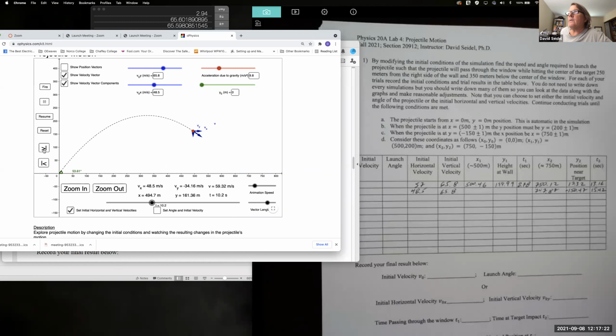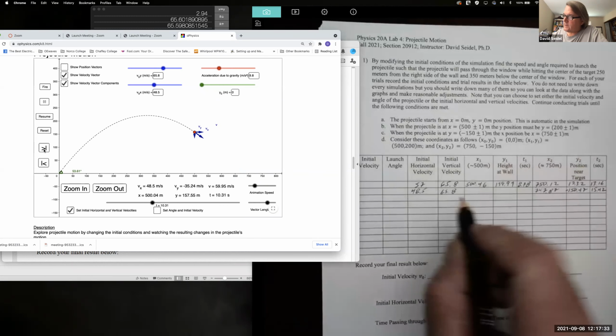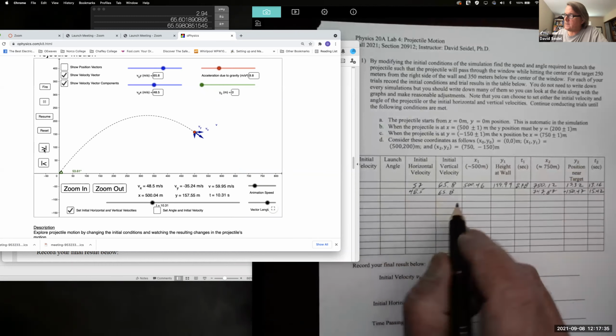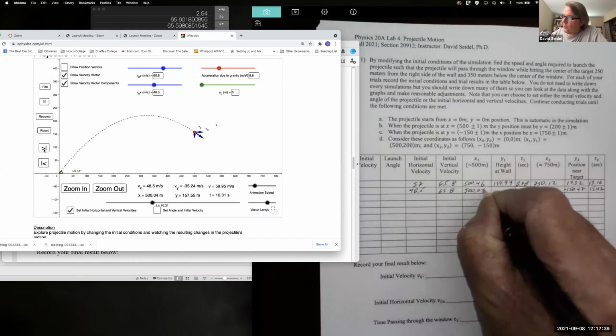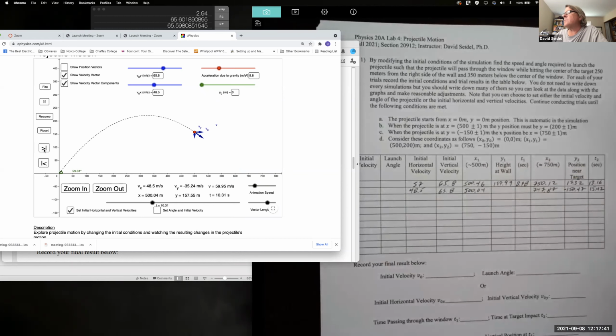And I'll use my arrows here to get it close to my 500. So at X, for these same initial velocities, 500.04, and I wouldn't worry about necessarily writing down too many significant digits at first.